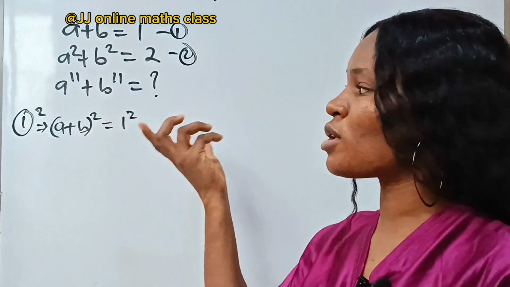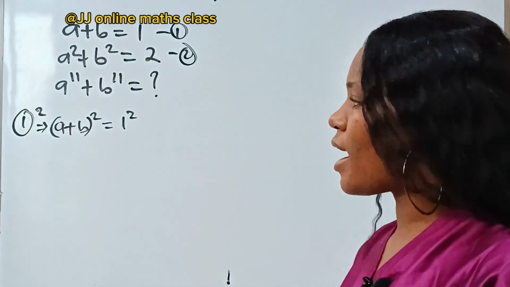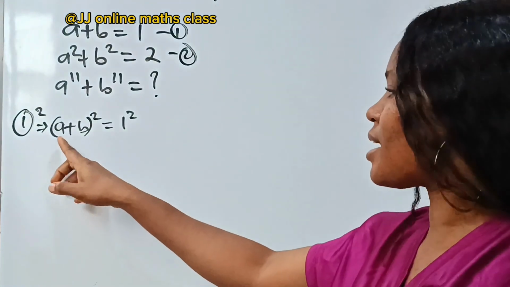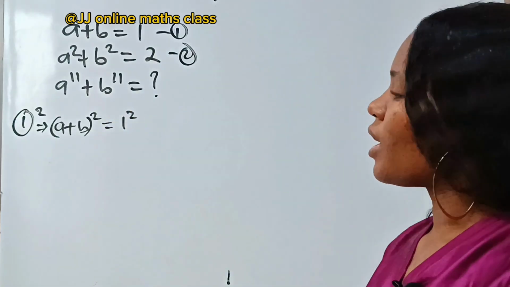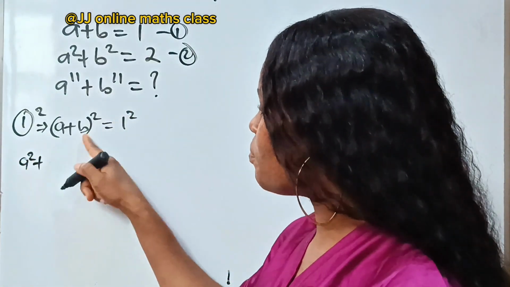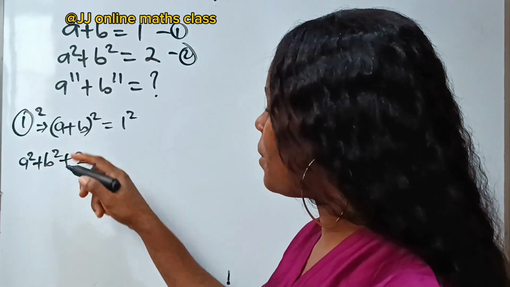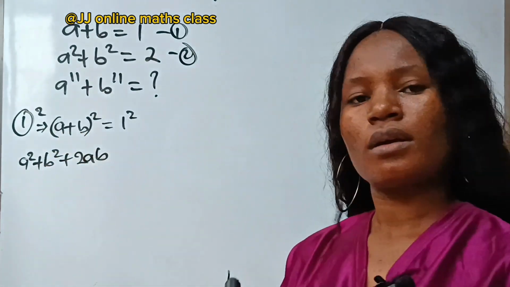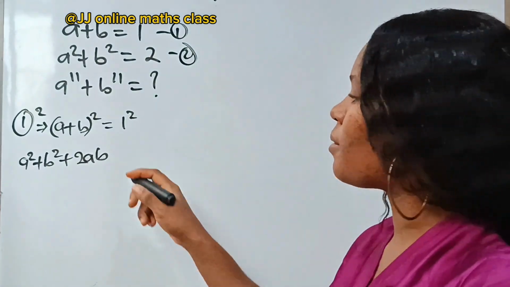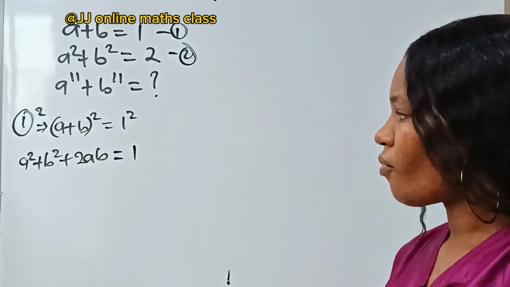Now, for you to be able to solve this kind of equation, you must know your algebra identities very well. The identity states that a plus b squared is the same thing as a squared plus b squared plus 2ab, is equal to 1 squared, which gives us 1.